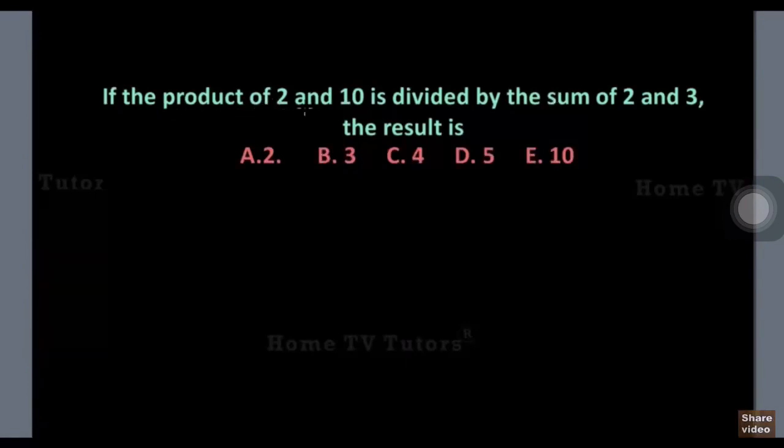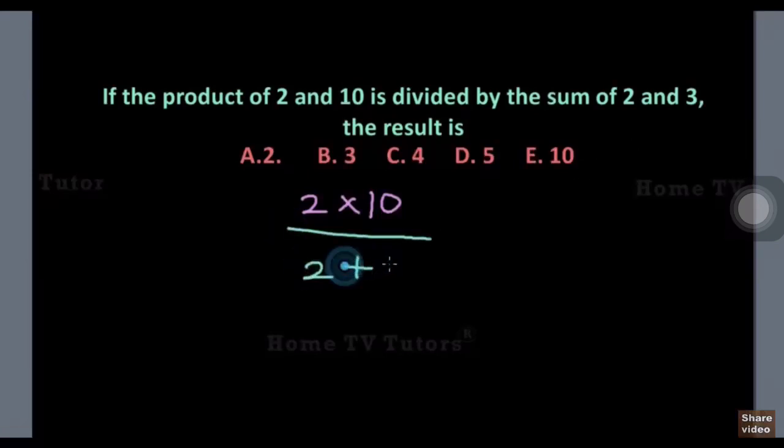If the product of 2 and 10 is divided by the sum of 2 and 3, the result is? Now, 2 and 10 means 2 times 10, divided by the sum. Remember I told you sum means addition.